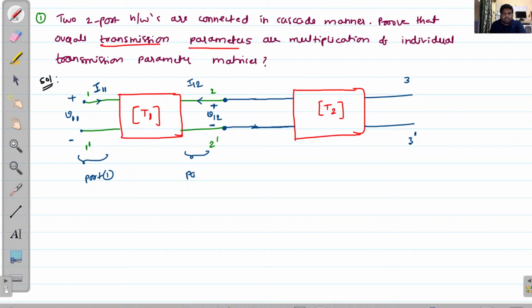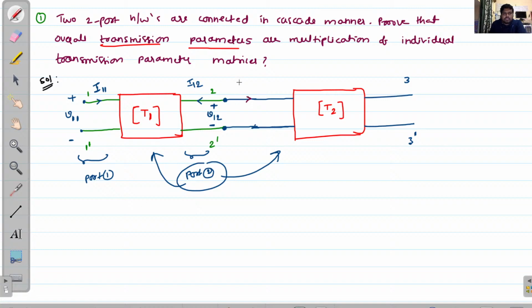Port 2 is common for T1 as well as T2. For these two-port networks, port 2 is common. One output is connected as an input to the second one.